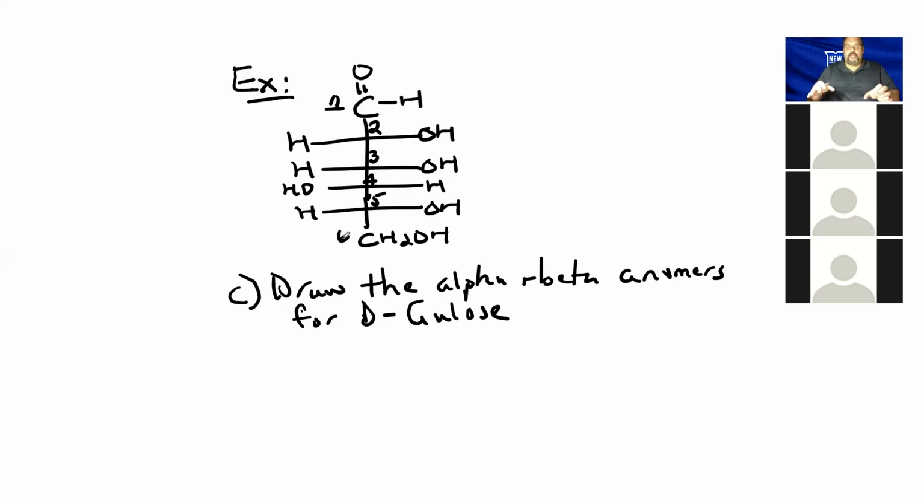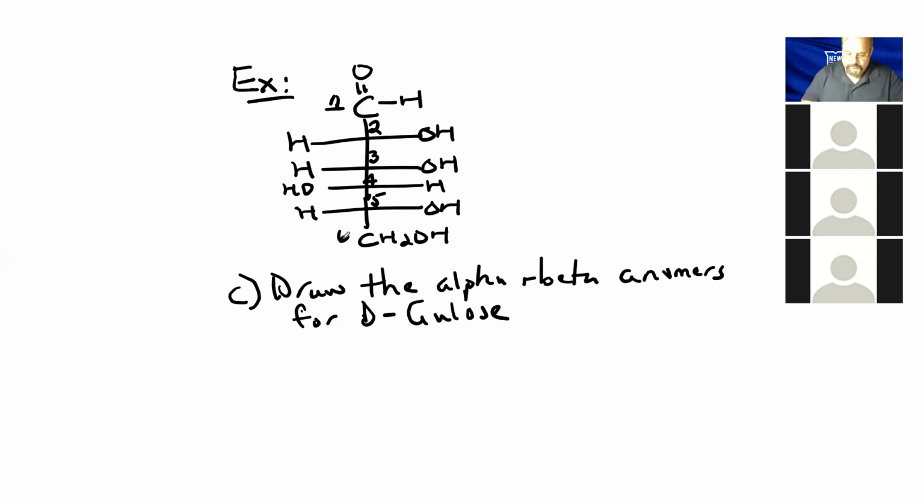In your Fischer projection, an OH going to the right corresponds in a Haworth structure to an OH going down. And an OH going to the left corresponds to the OH on that carbon going up. This first step will help with that correlation.